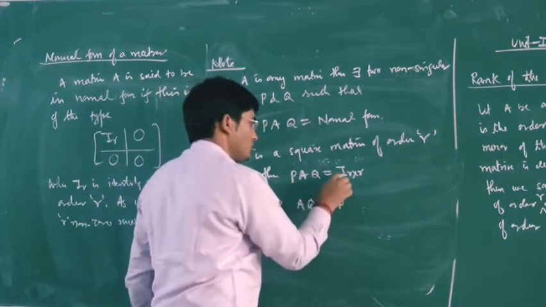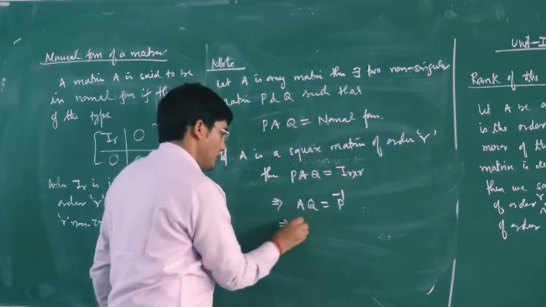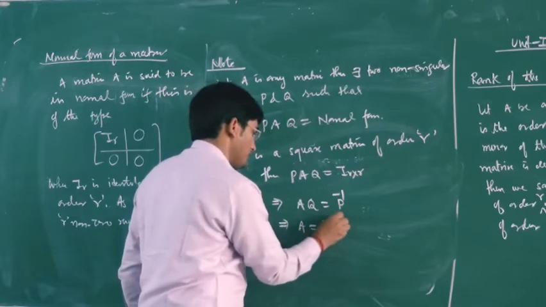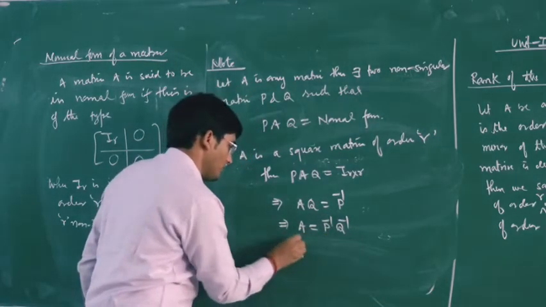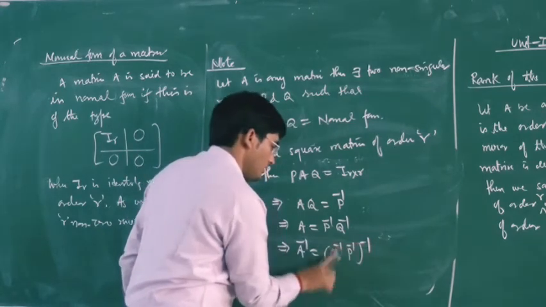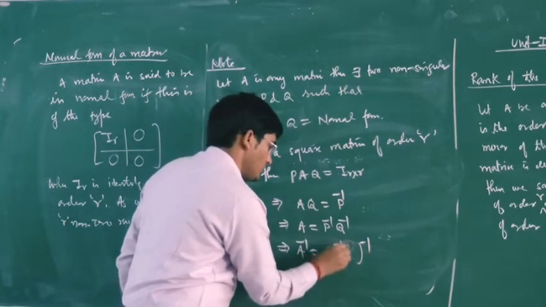Then we will have P inverse into I as P inverse. Now if we multiply the right hand side by Q inverse, then we will have P inverse Q inverse. So your A inverse will be Q inverse P inverse whole inverse. Sorry, P inverse Q inverse whole inverse.